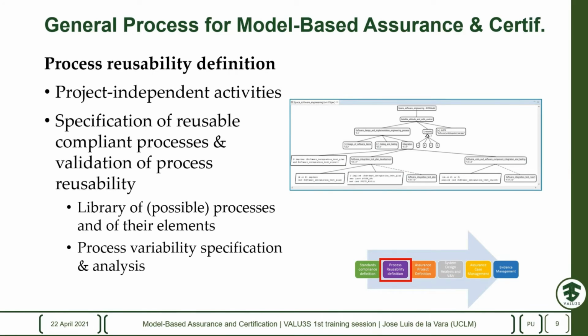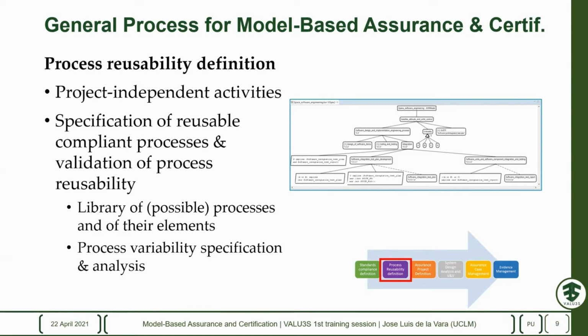Regarding process usability definition, this is mostly a matter of identifying elements of possible processes for the projects: activities, roles, techniques, and how these elements can be configured according to the characteristics of a system or a project.